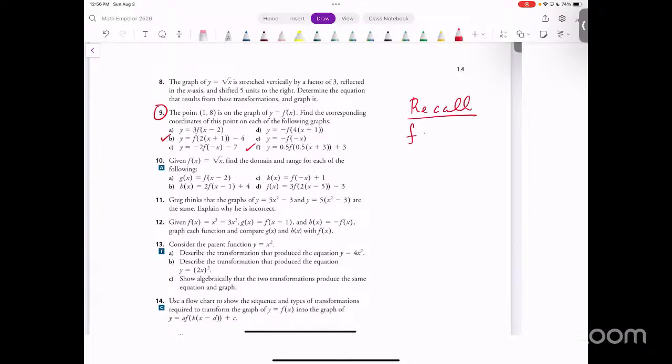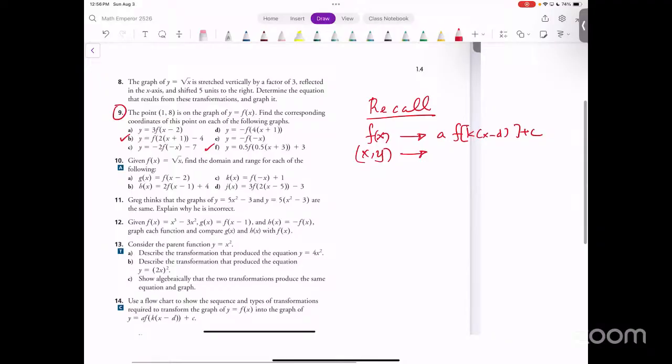If a function f of x goes through the following transformation, f(k(x minus d)) plus c, and you have a point (x, y), this point will be transformed into (x over k plus d, ay plus c). That is something I can tell you that you should remember from grade 11. So can you guys do D and F, please, using that formula?